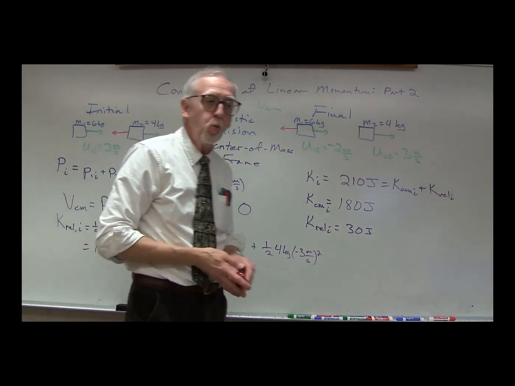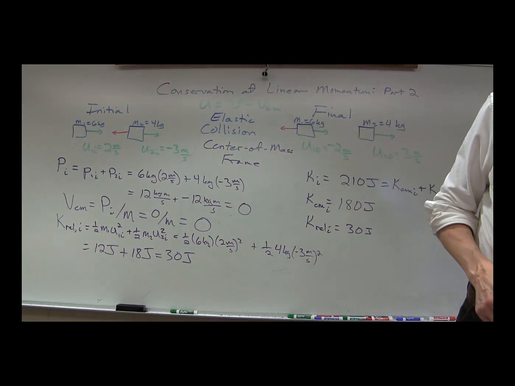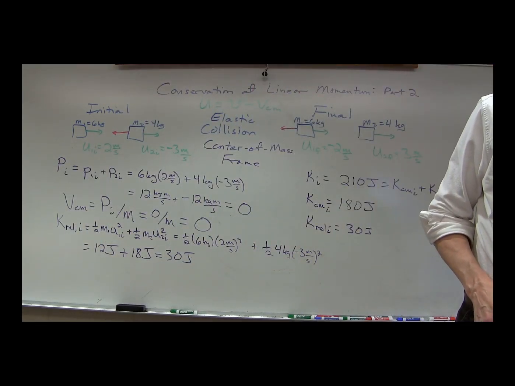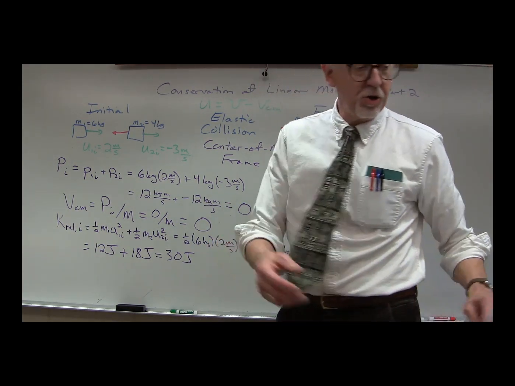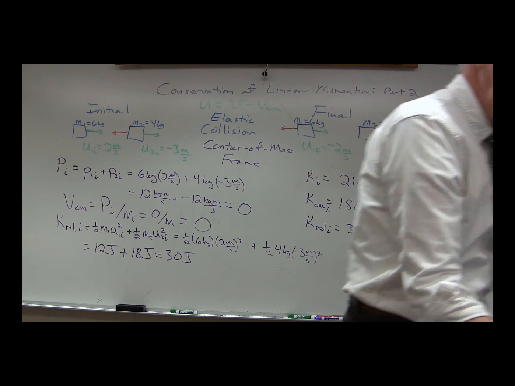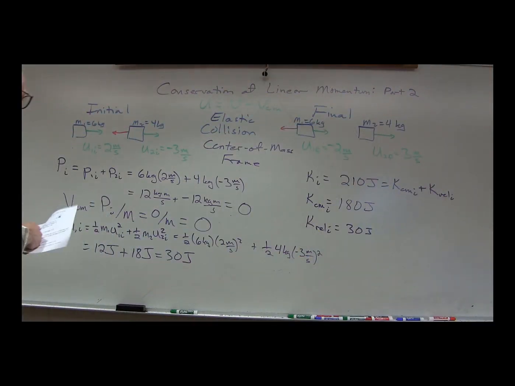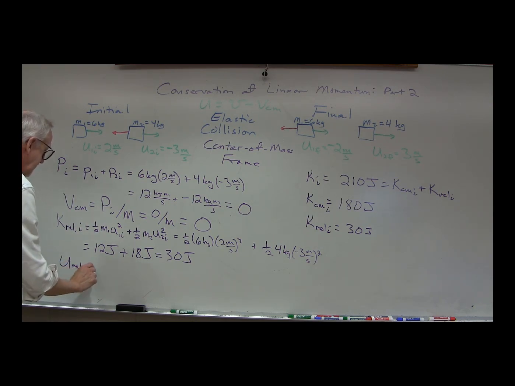Okay, very, very good. One more thing I want us to notice. What is that relative velocity in terms of the center of mass frame? What is not vrel, but now urel? What is urel initially?